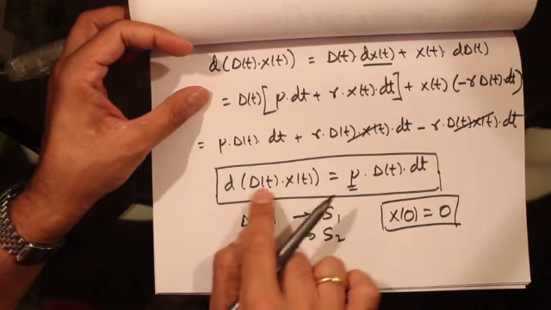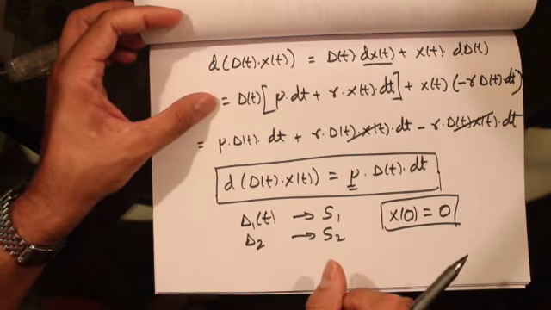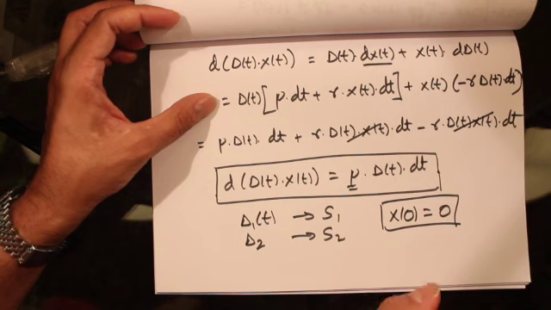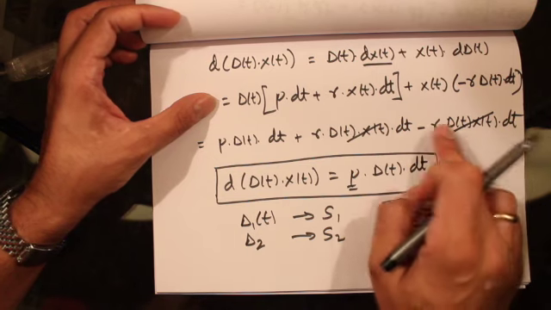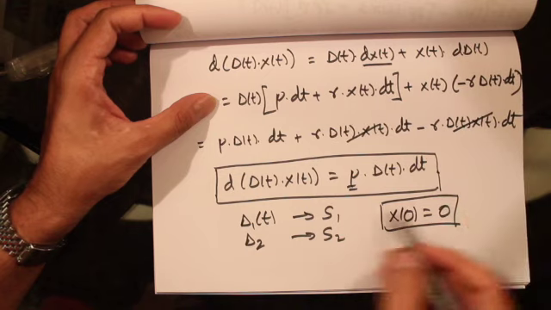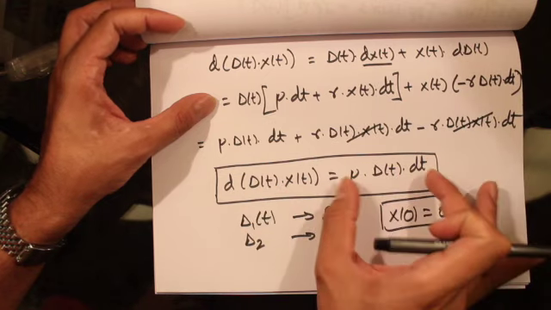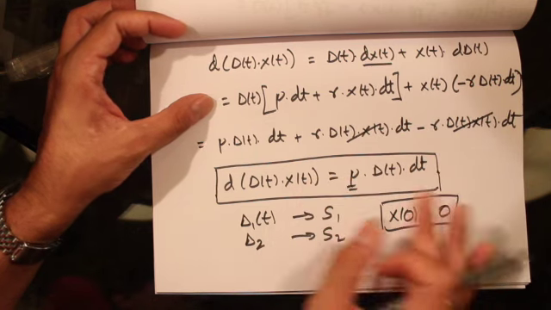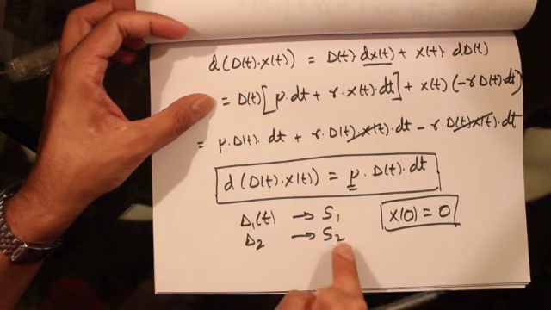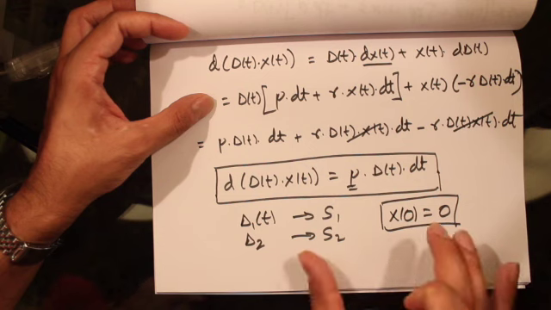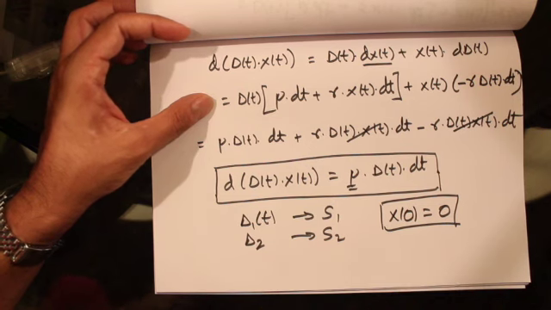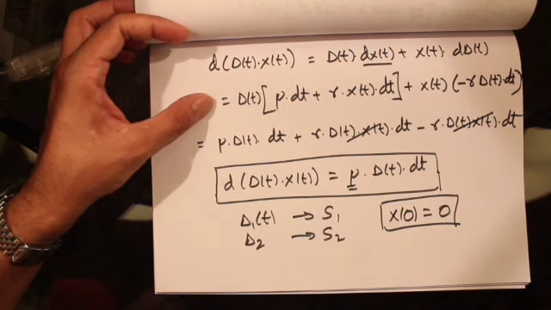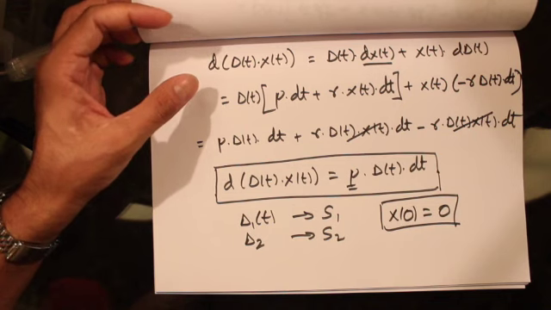In other words, we've been able to synthesize a money market account which pays us an interest rate higher than R, which is the interest rate that the money market account pays. Since the derivative is positive and non-random, we've been able to synthesize a portfolio using a long stock and short stock and proceeds in the money market account. That portfolio acts as another money market account, and it has a return higher than R, higher than the interest rate account. Hence we've been able to take advantage of the arbitrage.